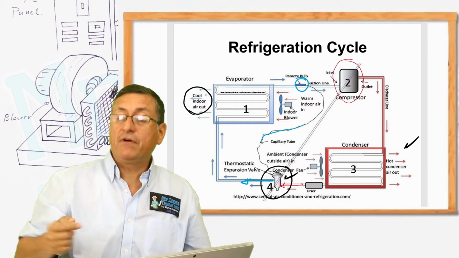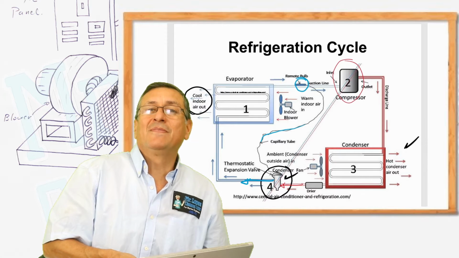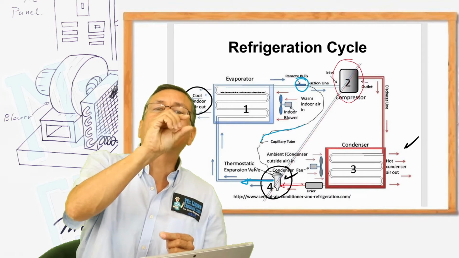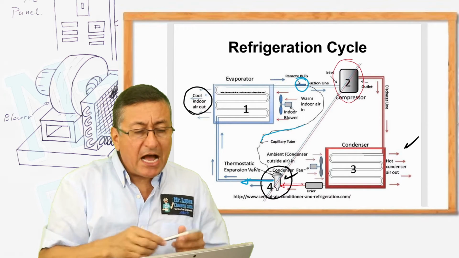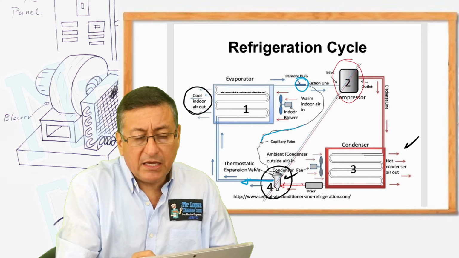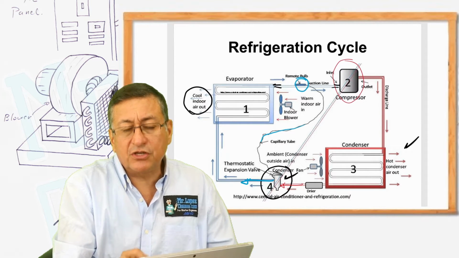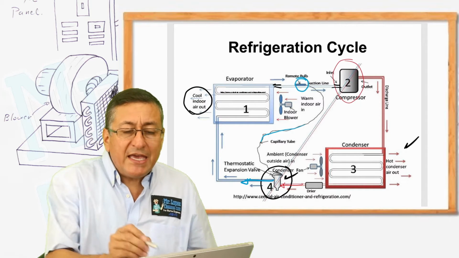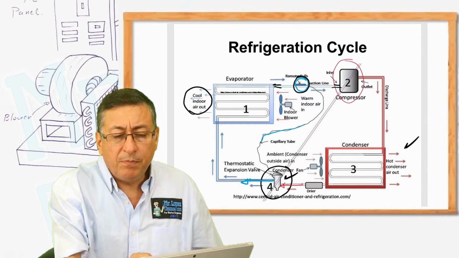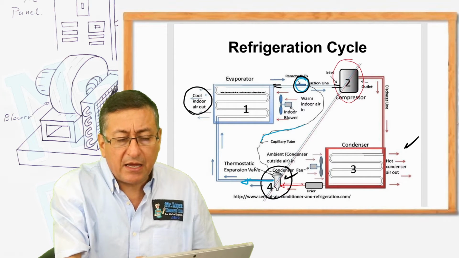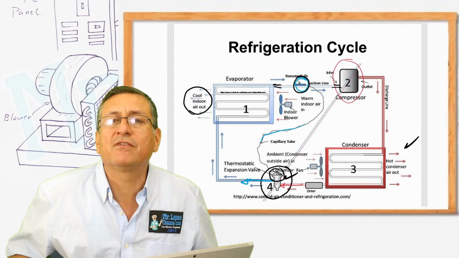Remember that the evaporator has a small capillary pipe entering at the bottom and an output pipe with a big diameter, because the refrigerant is completely evaporated. That bigger pipe in the output is the pipe that enters the suction side of the compressor. In that pipe we are going to put the bulb. The bulb has a small capillary pipe connected with the diaphragm inside this thermal expansion valve.